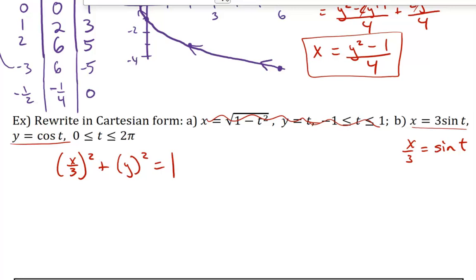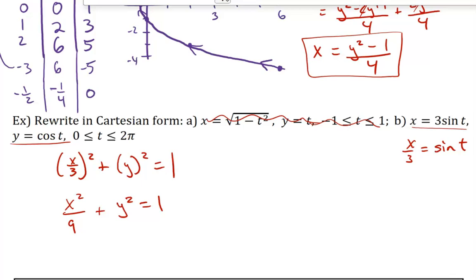Now, if we want to think about what the graph of this looks like, we could go through the t-chart process we did up above, or we could think about this with what we know about conic sections. And we could say, hey, this is the graph of an ellipse that is centered at the origin.